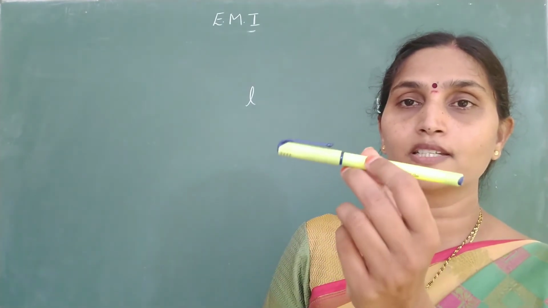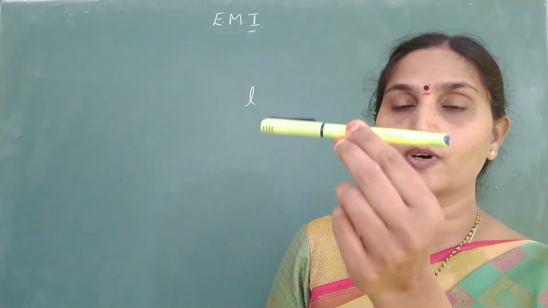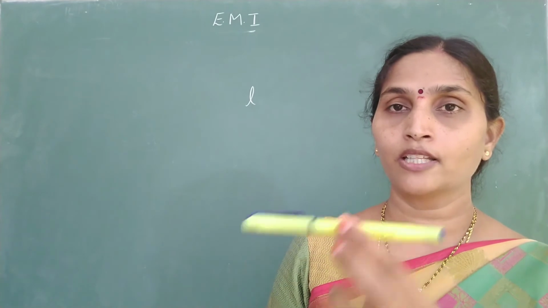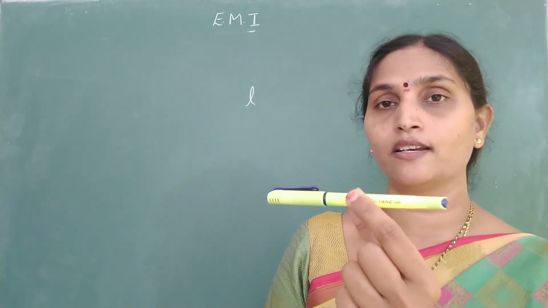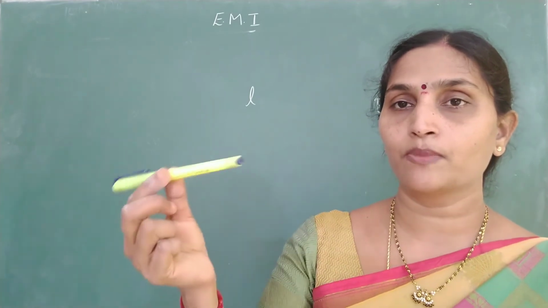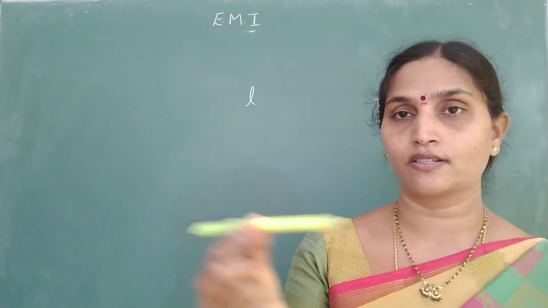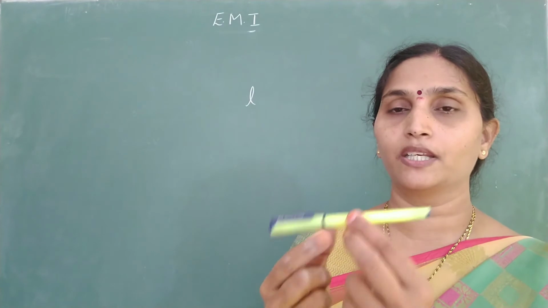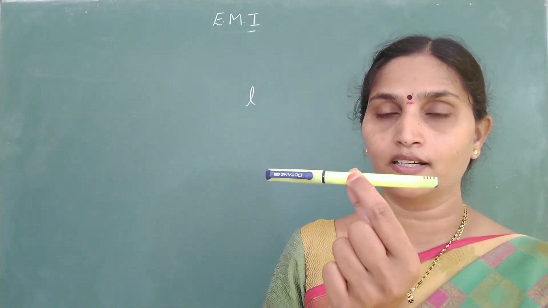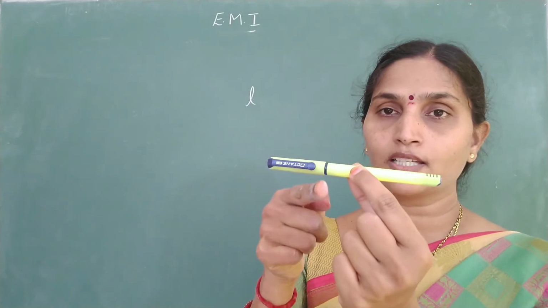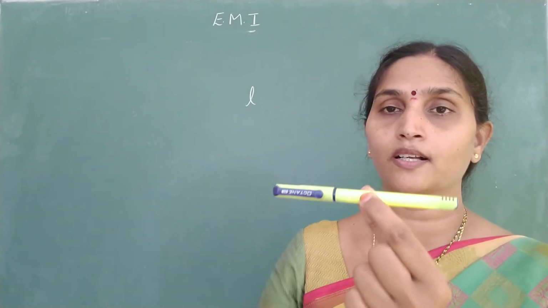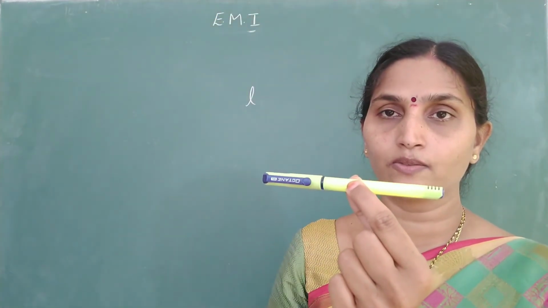Now look at this question. A wire is placed in east-west direction and is falling freely. Whether there will be induced EMF in it or not, and if so, which end is positive? So I have kept the wire in west-east direction. This is the length of the conductor. The velocity vector is downward. What is the direction of BV? Just now I told you, the vertical component is also downward.